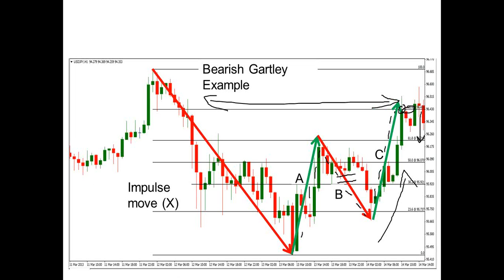Now, the thing is that a lot of people, when you look at the market in general, Fibonacci patterns especially, whether it be Gartley patterns, there's also what we call three-drive patterns and butterfly patterns, ABCD patterns. Fibonacci patterns are perhaps probably the most difficult for a lot of people to spot in the market.